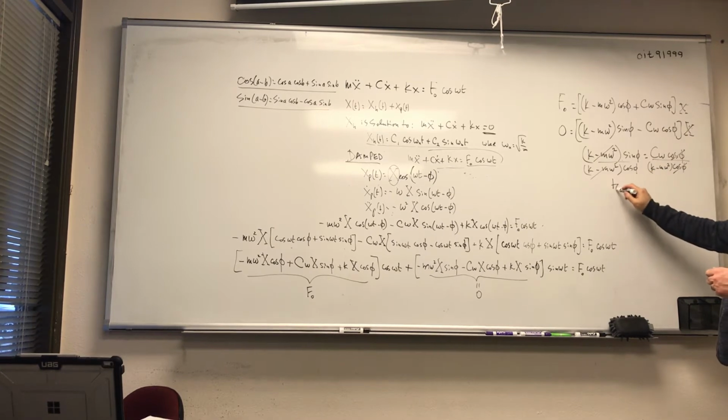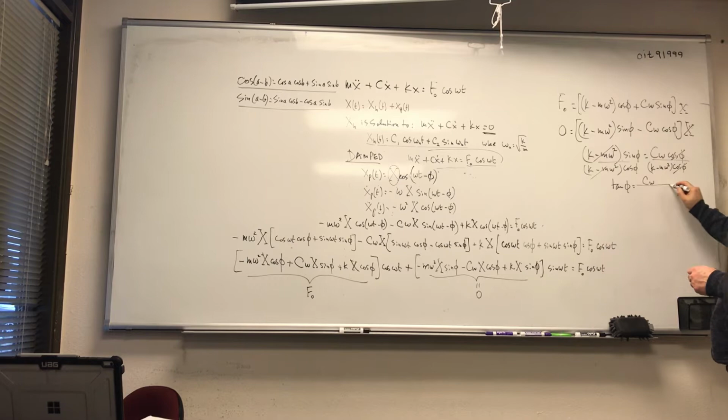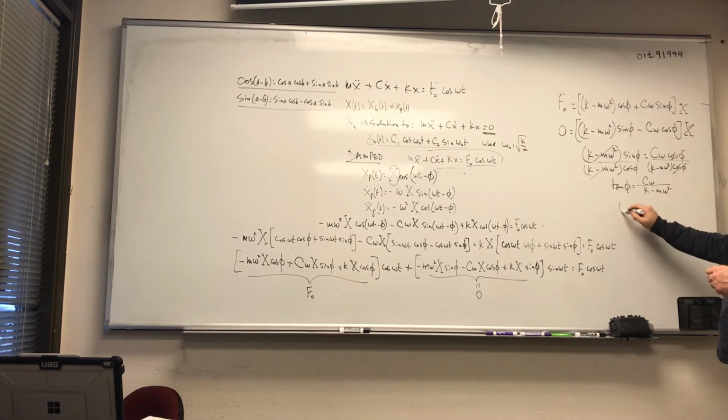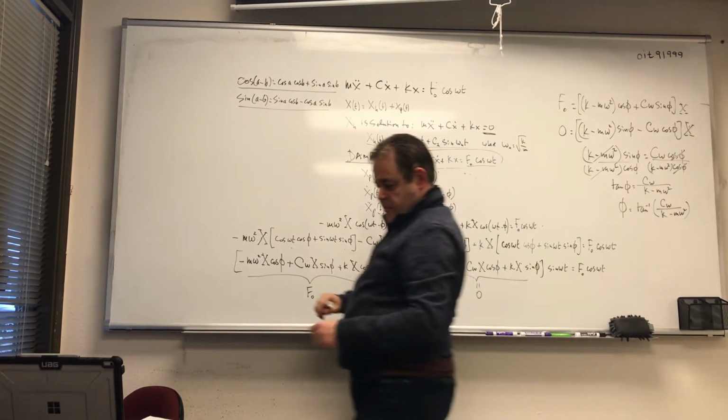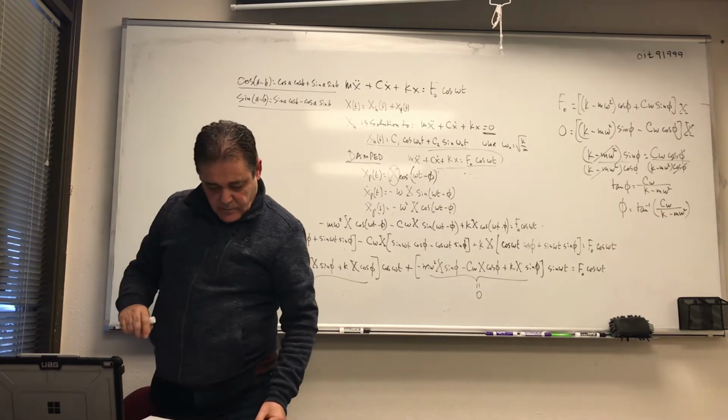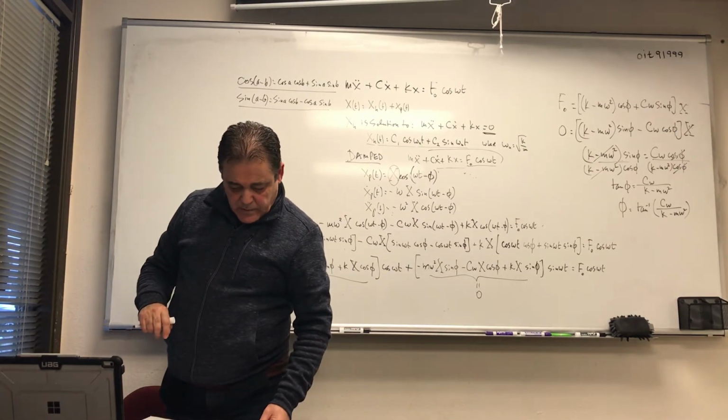That means that tangent of phi is equal to c omega over k minus m omega squared. That means that phi is equal to the arctangent of c omega over k minus m omega squared, which is, I think, equation 3.29.